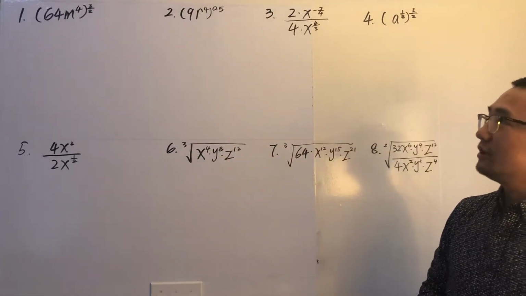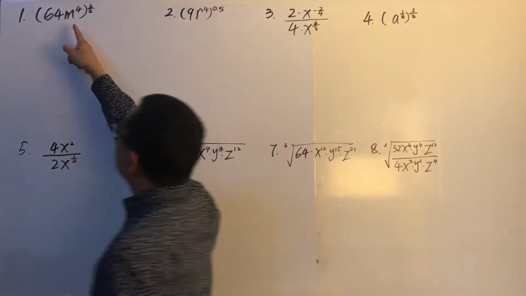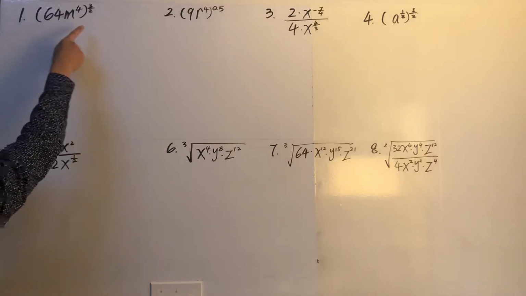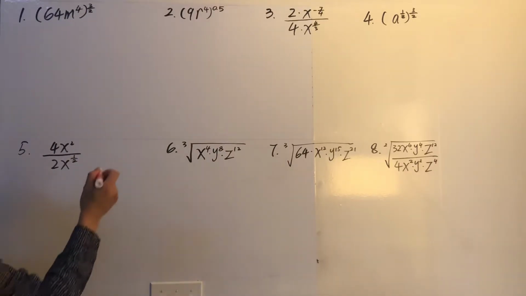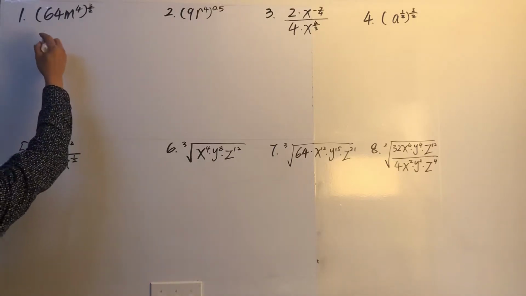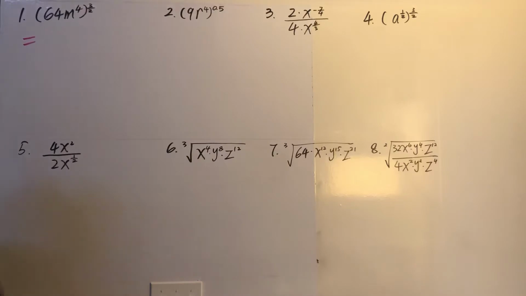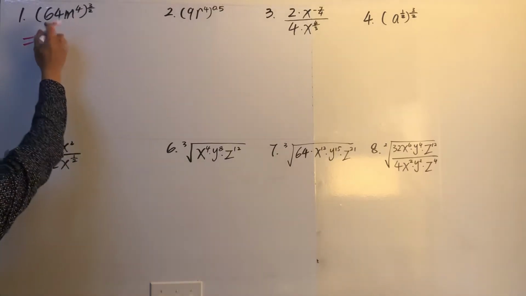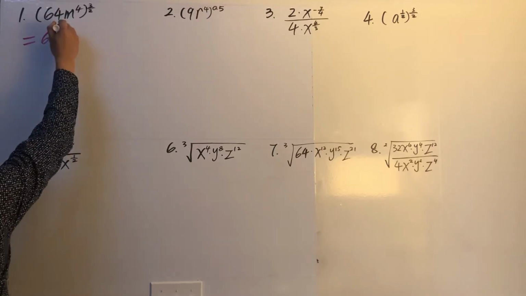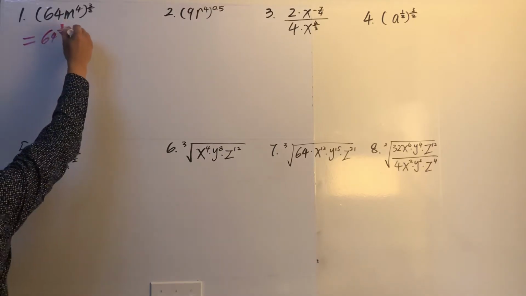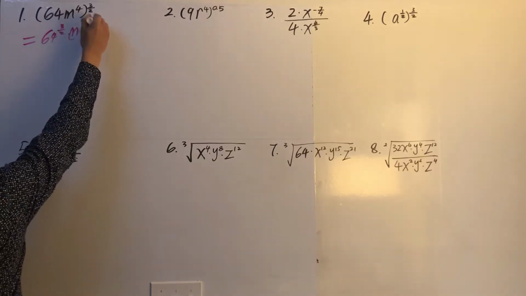So the first question is 64 times m to the 4th power and m to the 3 over 2 power. How can we solve this one? First, you have to use the product, or multiplication, property. So now you can separate it into 64 to the 3 over 2 times m to the 4, then 3 over 2.